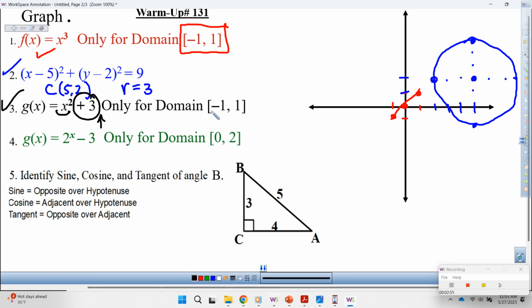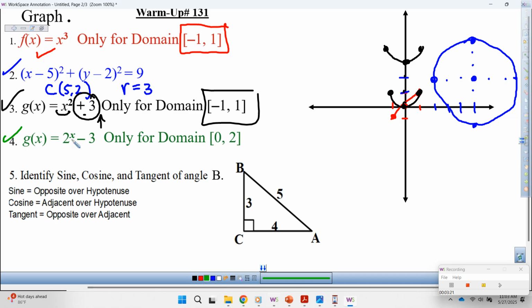So that means we're going to take the points -1, 1, 0, 0, 1, 1, because that's the domain they want us to use, and move that up 3 steps. 1, 2, 3. There it is.